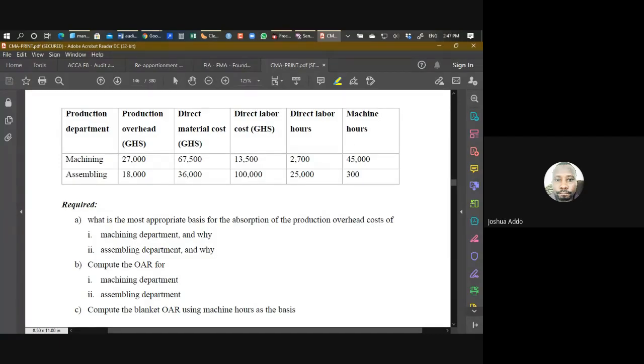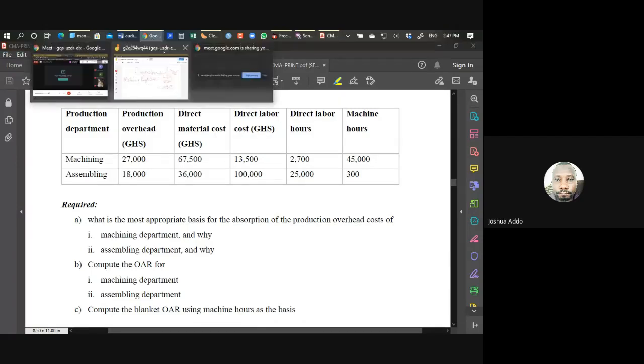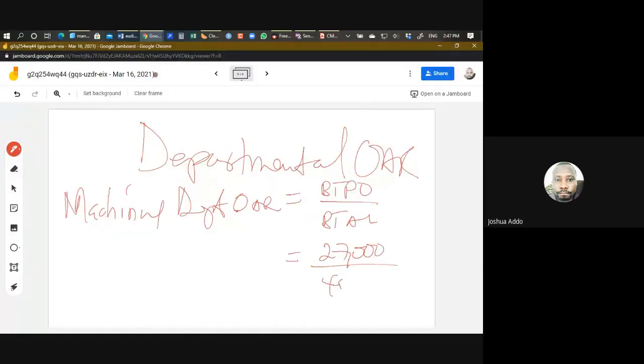Everything is exclusive to the department. So we take the department-specific production overheads and the department-specific basis, 45,000. What would it give us? 27,000 divided by 45,000 is 0.6. In other words, 0.6 is 60 pesos. So this will be 60 pesos.